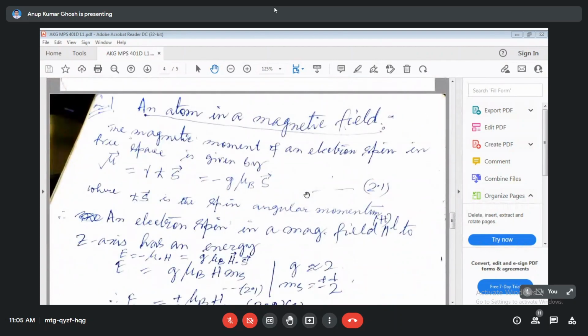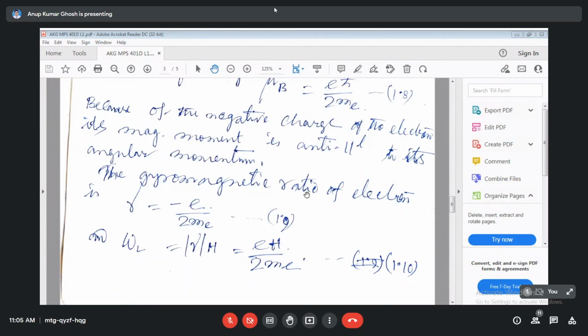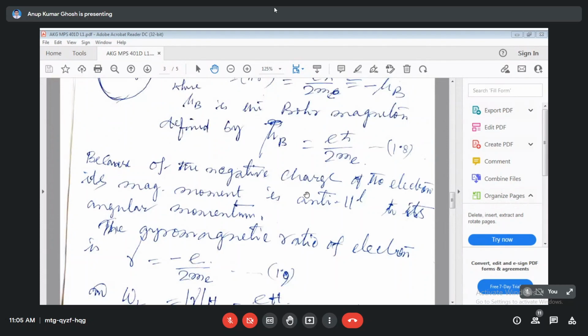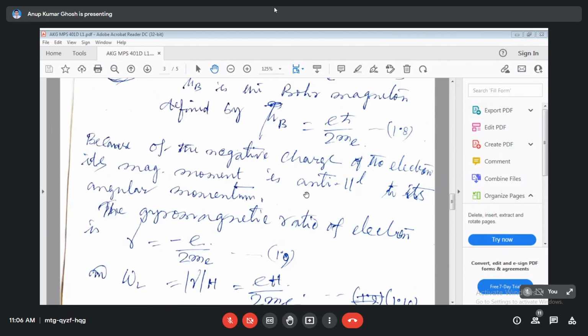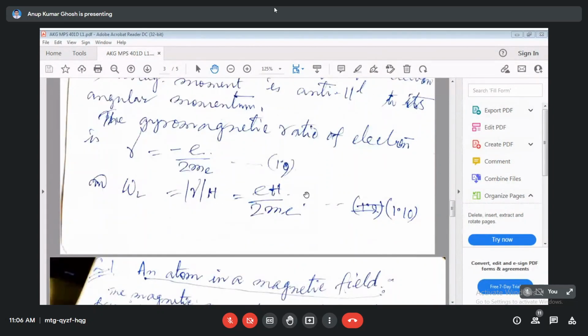For another charge, let's say a positive charge, they will be in the same direction, parallel to each other. Later on we consider most cases due to the electron, so the angular momentum and magnetic moment are antiparallel to each other.